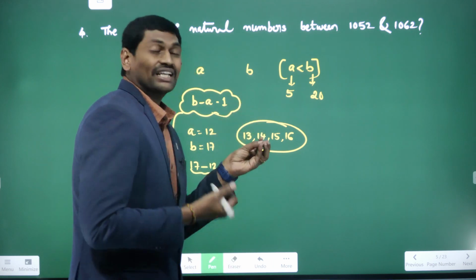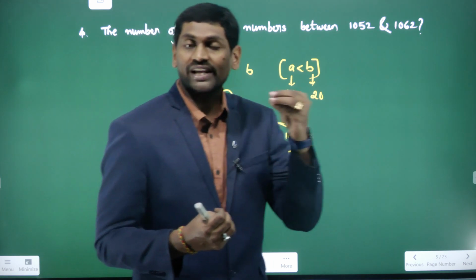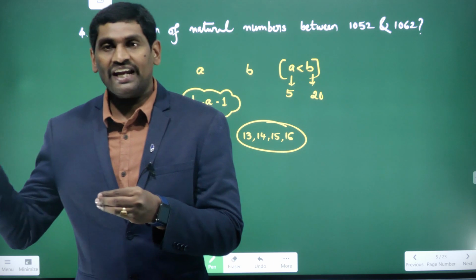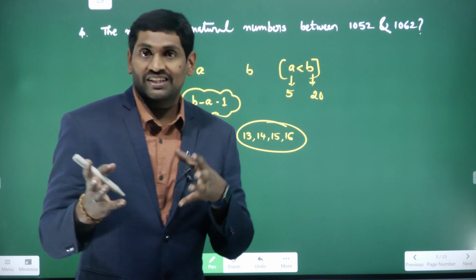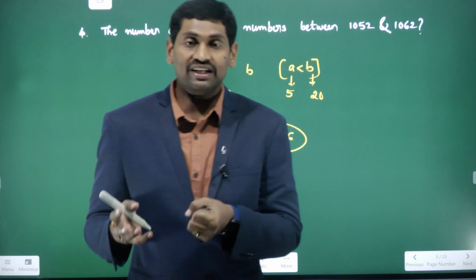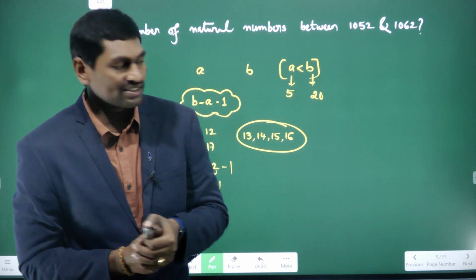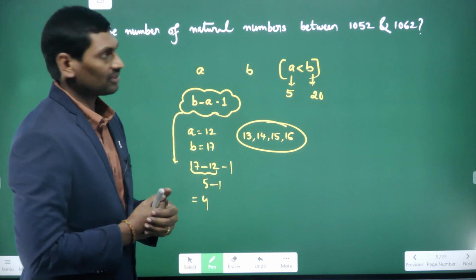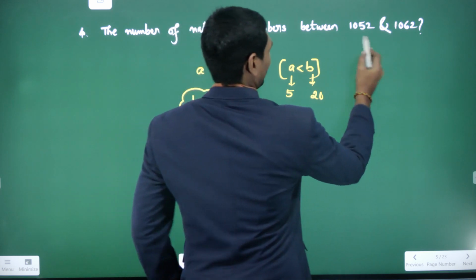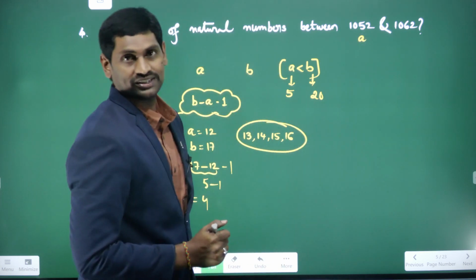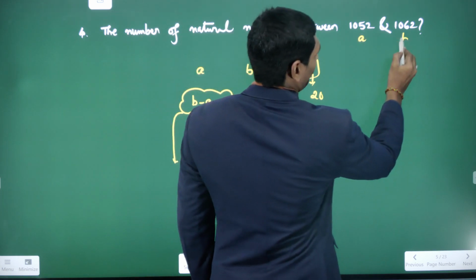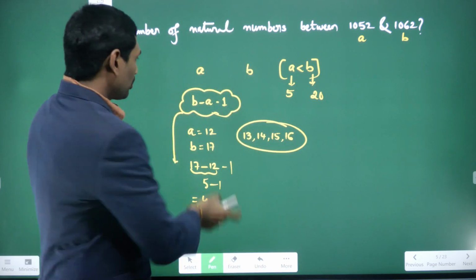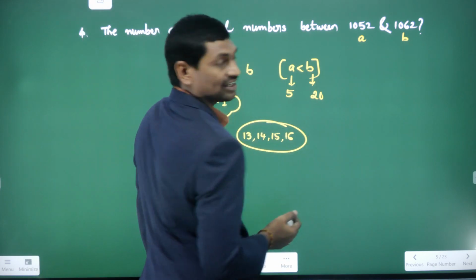But if the numbers are very huge, for example 256 and 4098, how many numbers are there between them? In such cases, we can use this formula. The smaller number is A and the bigger number is B, so use the formula B minus A minus 1.